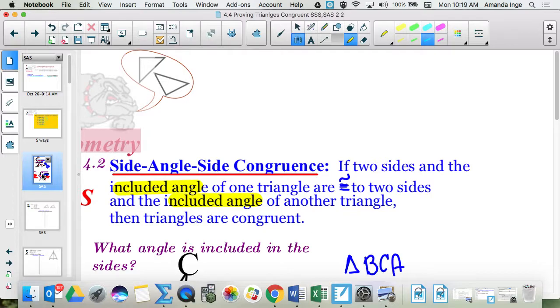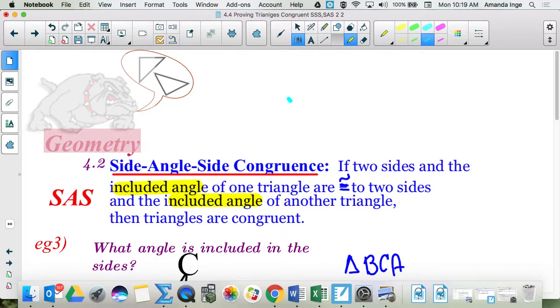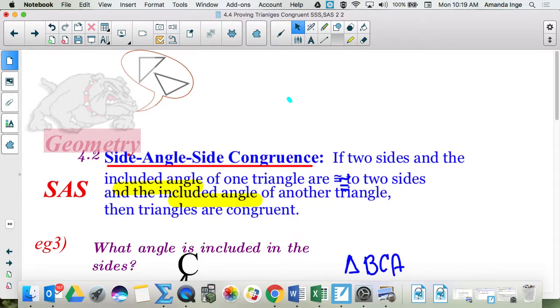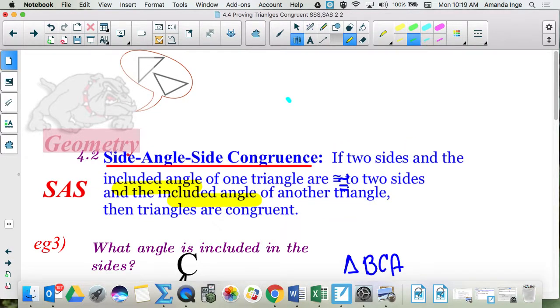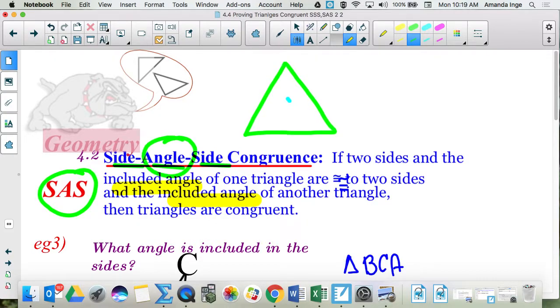So the first one I have up here, and the abbreviation for it is side angle side. So you have a side, an angle, and a side. This angle is between the 2 sides. So if you're looking at a triangle, you'd have 2 sides and an angle which is included or between the 2 sides.